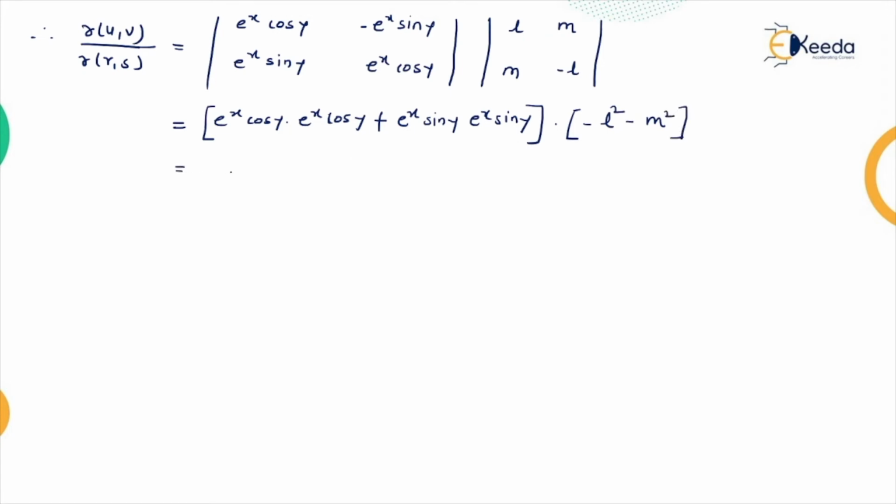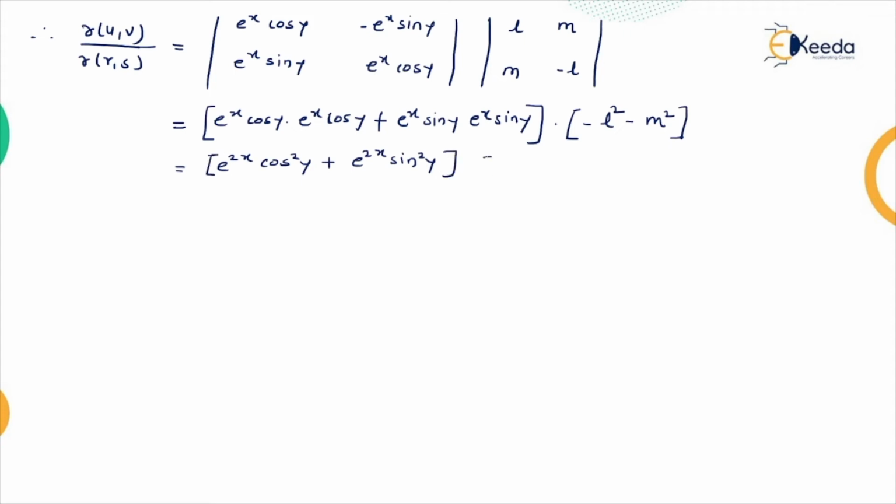So therefore what will become, I am taking e to the power x into e to the power x, that is e to the power 2x. I hope you understand this. That is e to the power 2x cos square y, plus here again e to the power 2x sin square y, and the term will become minus l square minus m square as it is.